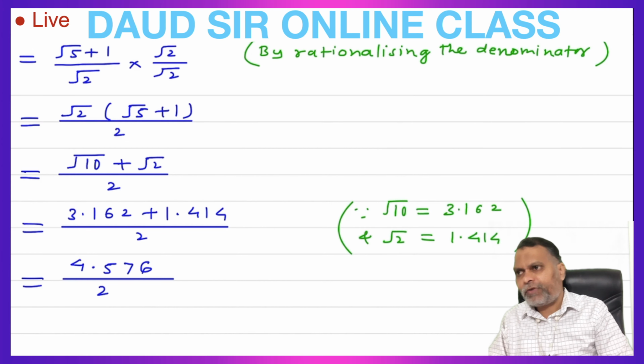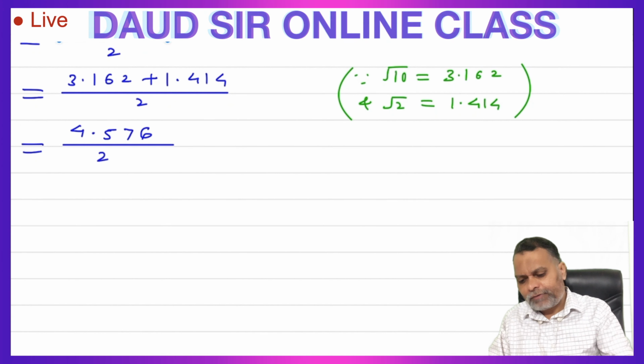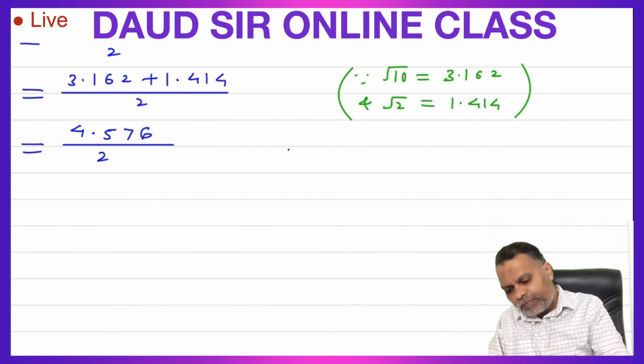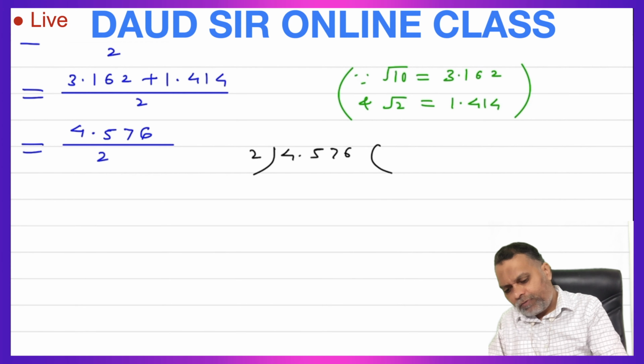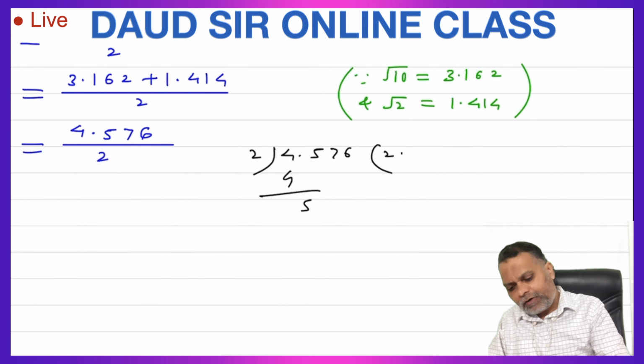divided by 2. Now divide by 2. 4.576 divided by 2. 2 2s are 4 and put this decimal, this 0, and bring down this 5, 10. 2 5s are 10, 1.